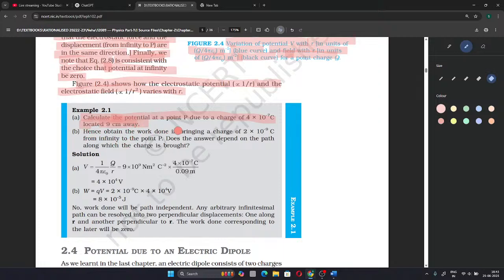Obtain the work done to bring a charge of 2 into 10 power minus 9 coulomb from infinity to the point P. Here Q is the main charge, and bringing the charge to that point is the potential itself.